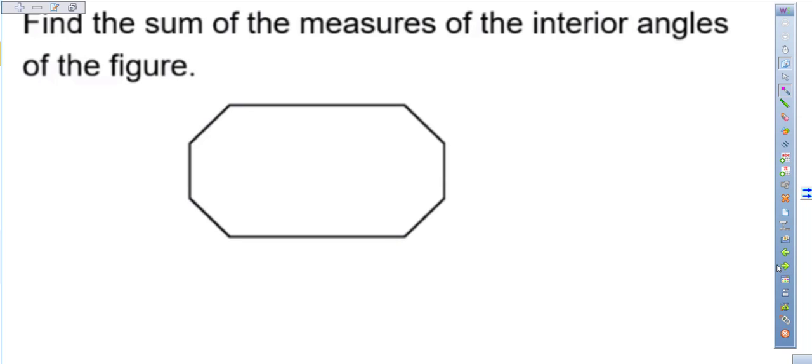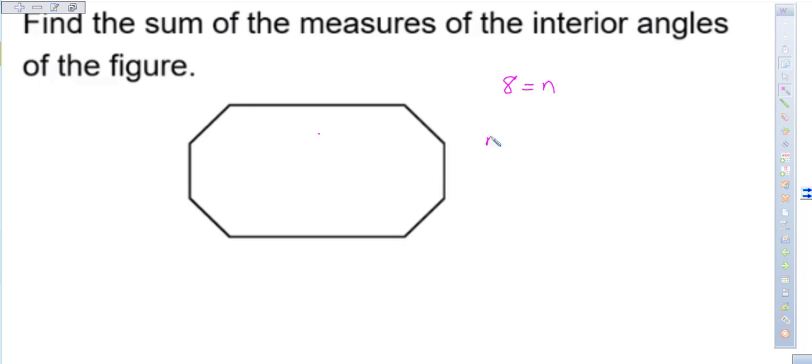Okay, so let's try one problem like this. I want to find the sum of the measures of the interior angles of this figure. So if I measured all of these little angles, how big is that going to be? Well, first we want to start with how many sides this has. We have 1 side, 2 sides, 3, 4, 5, 6, 7, 8 sides. I don't want to show that they're congruent. I just know that there's 8 of them. So 8 is my n.